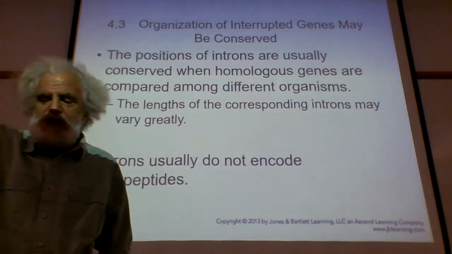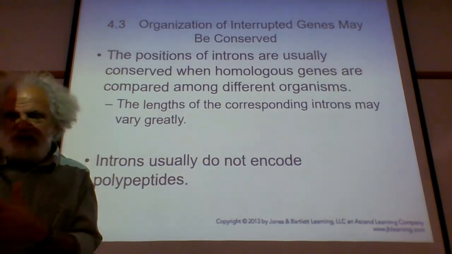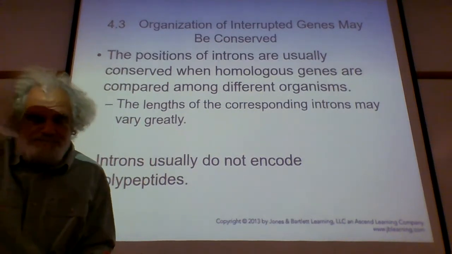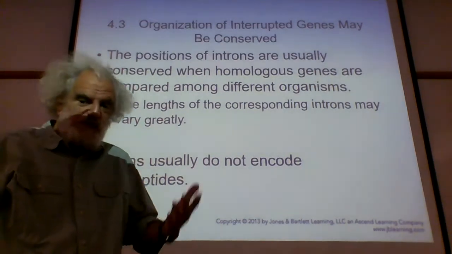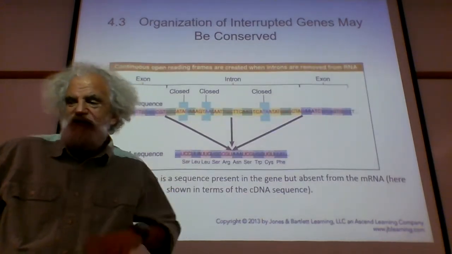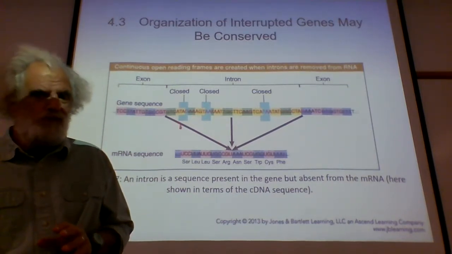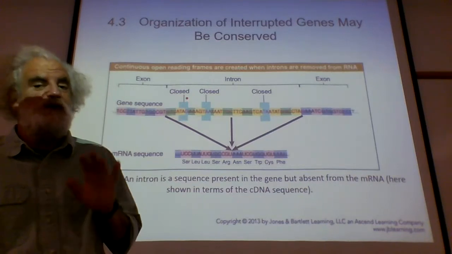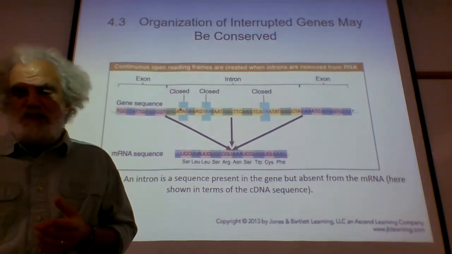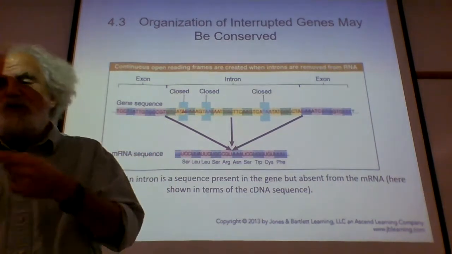As we mentioned, the positions of the introns are generally conserved, looking at homologous genes. The length can be tremendously different. Introns are not going to typically be functioning as any kind of gene or information. As we said, the reading frame is generally expected to be interrupted. That is, there are going to be stop codons in the frame when you get into an intron.